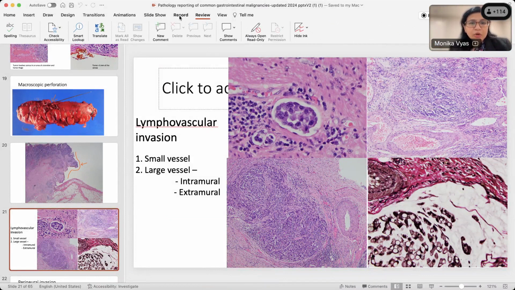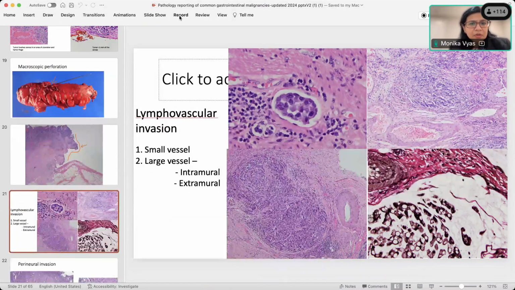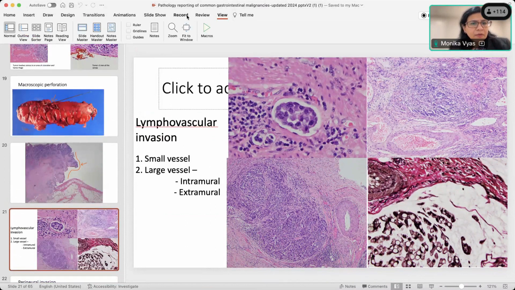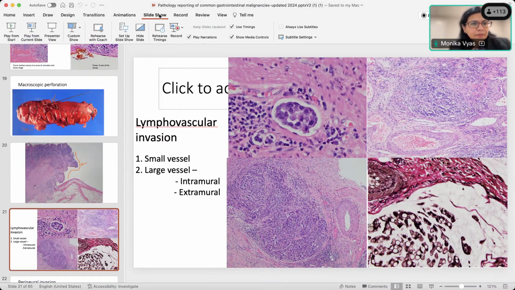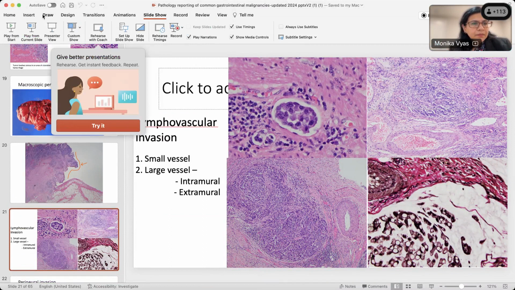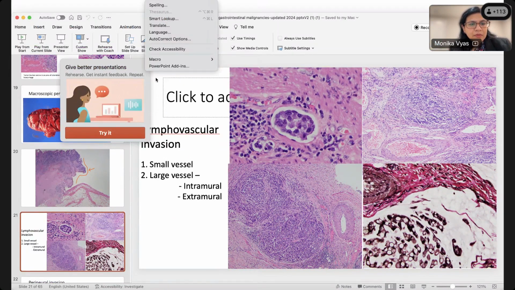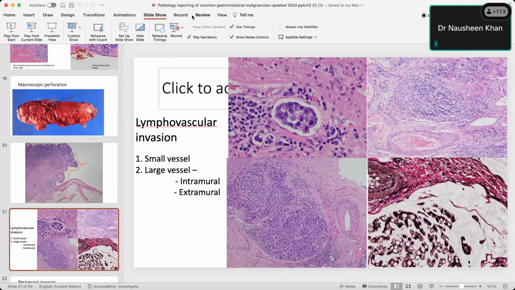Does anyone know where I can find it? I'm happy to use it. Make it full screen first.